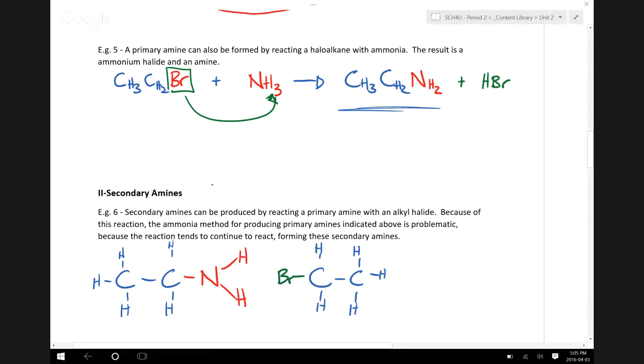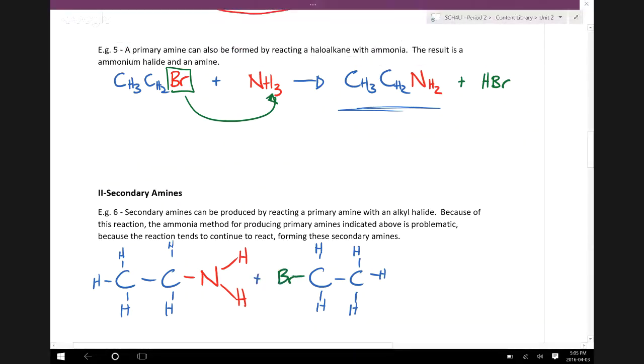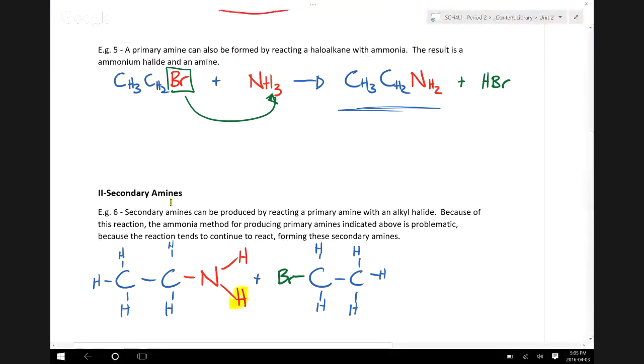And so this reaction will lead to a second reaction here, where one of these hydrogens and this bromine will react.